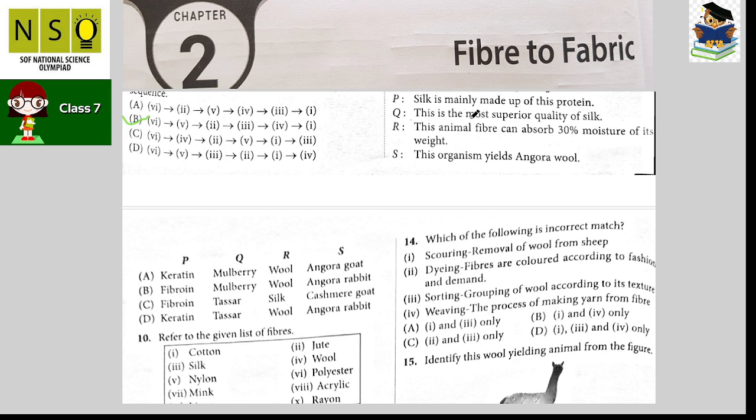So if we go through these options, we find that option B is the correct one. That is, P is fibroin, Q is mulberry, R is wool, and S is Angora rabbit.